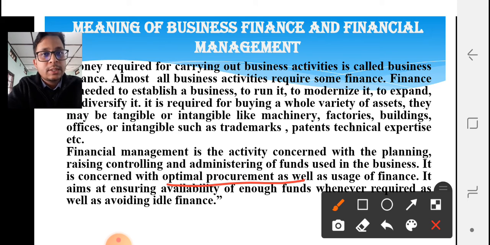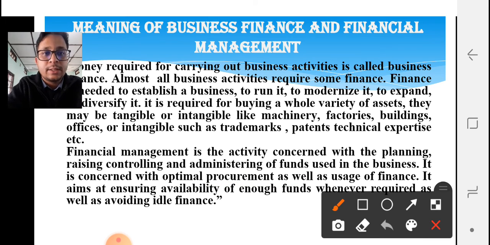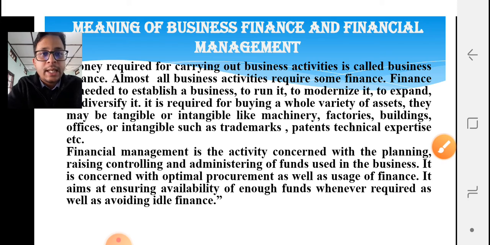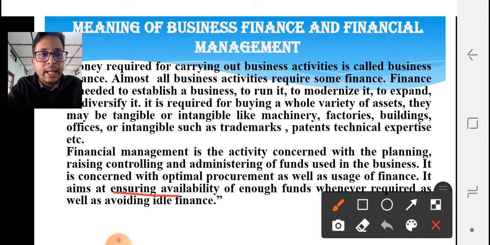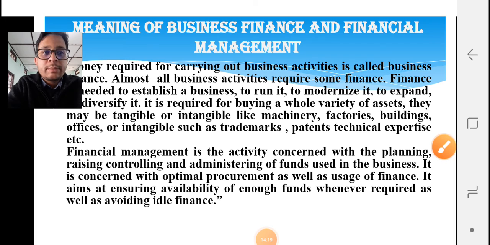If a business demands funds of rupees 1 lakh, to that extent only it must be able to raise it, and to that extent only it must be able to utilize it. It should be utilized in such a way that no funds remain idle. Here you see, it aims to ensure availability of enough funds wherever required, as well as avoiding idle funds. So that is called optimal procurement.